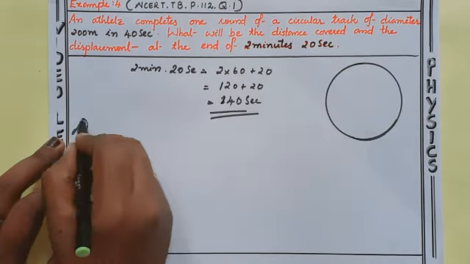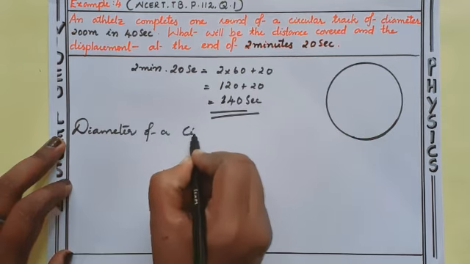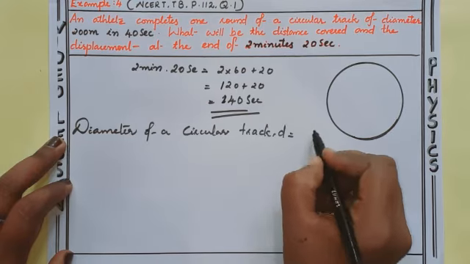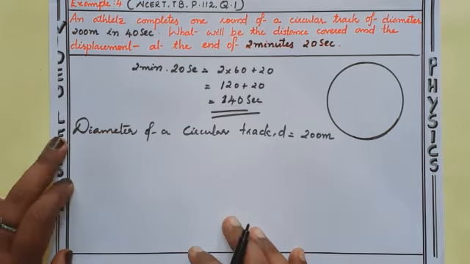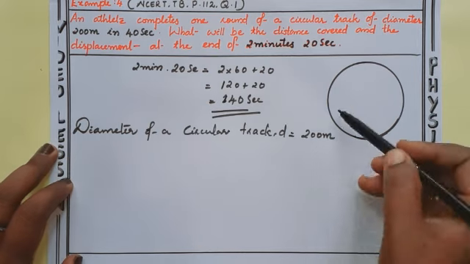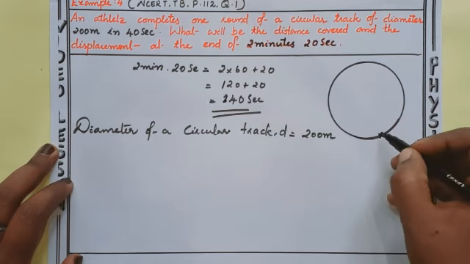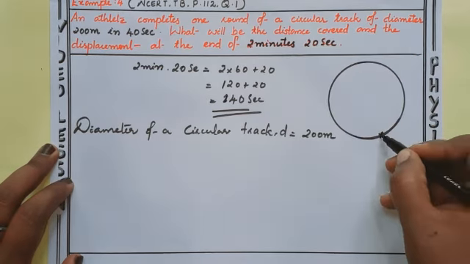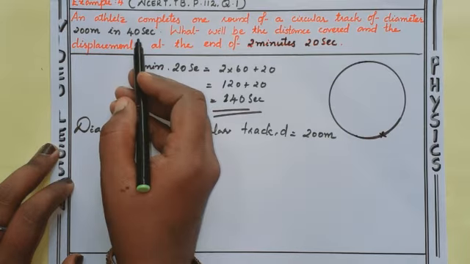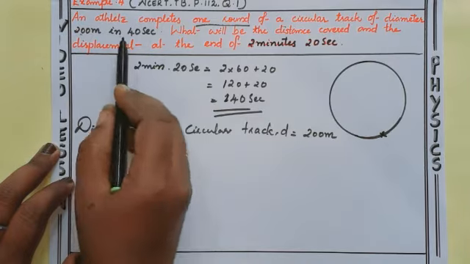Okay, the athlete completes one round of a circular track of diameter 200 meter.